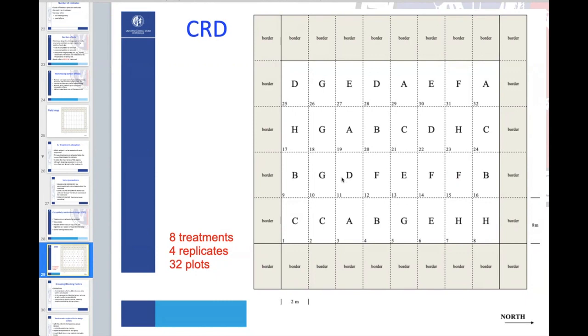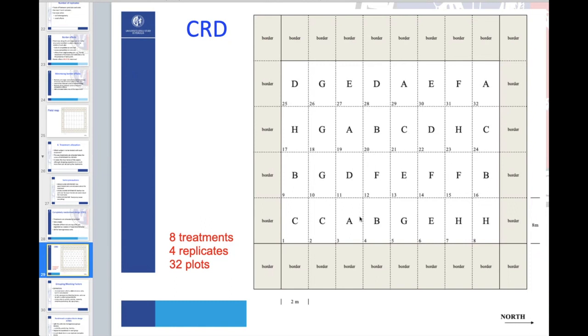This is very simple. This is correct, but every possible difference between plots in terms of fertility or whatever is not recognized, because we have only one known treatment factor. All the rest is experimental error. We call experimental error the differences between plots, original differences between plots.